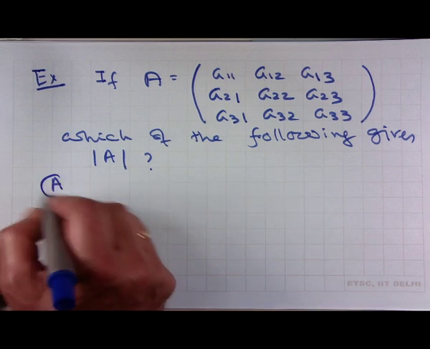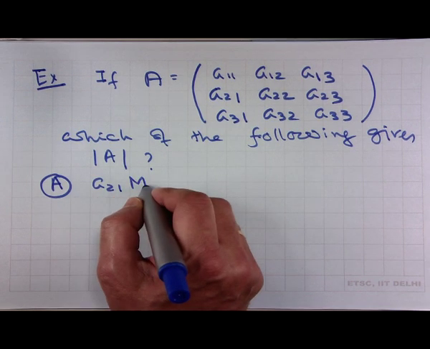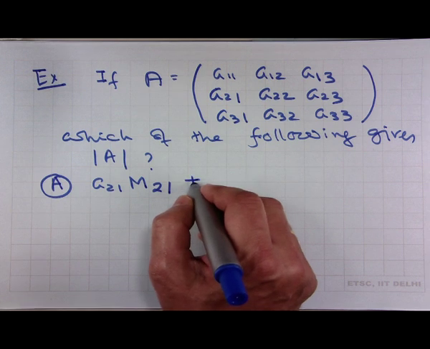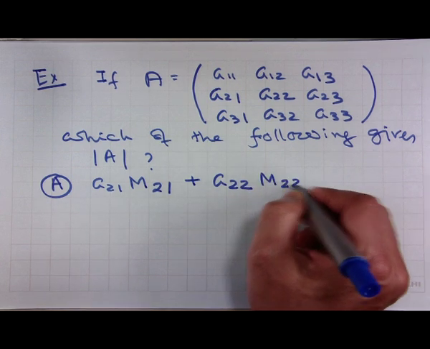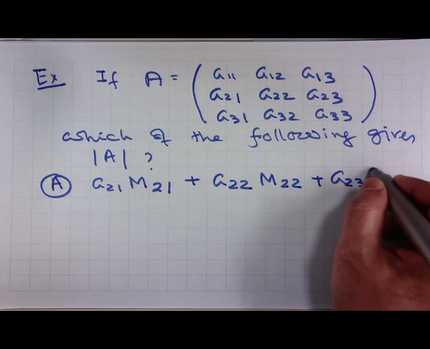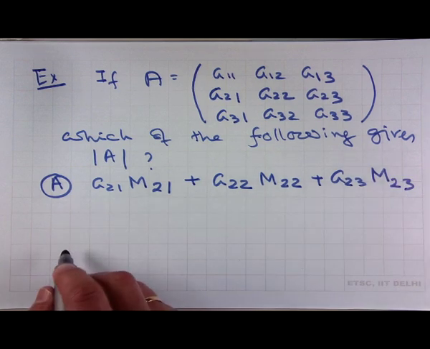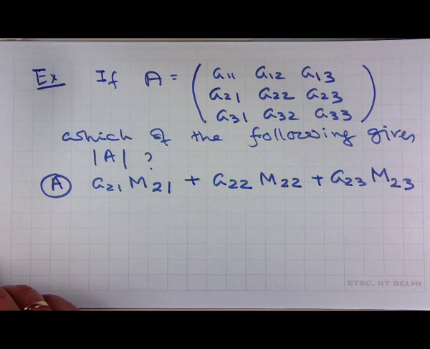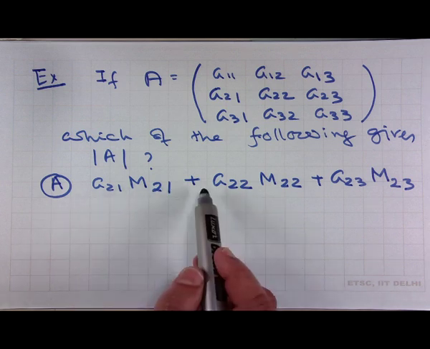Option A: A21 into M21 plus A22 into M22 plus A23 into M23. That is, I am trying to expand it along the second row, but we find that the signs have not been taken care of.